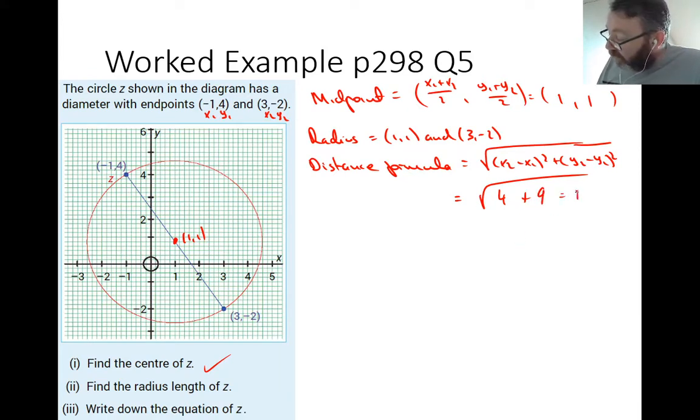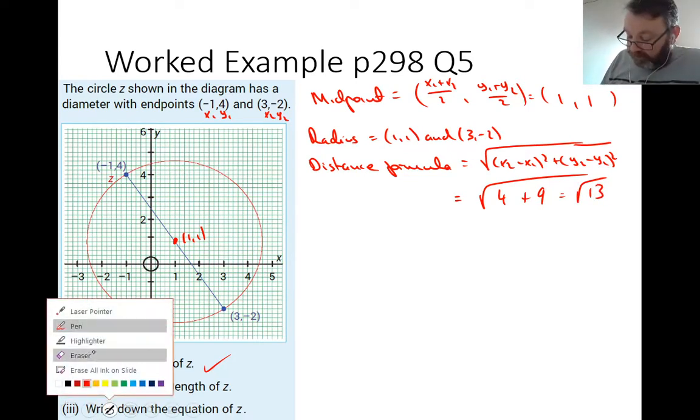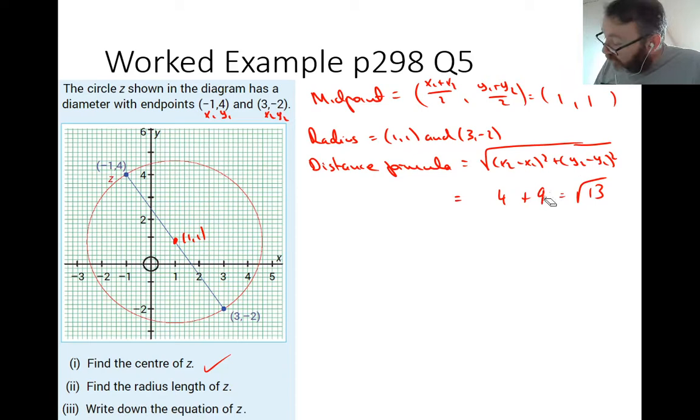And that gives me root 13. Let me just check that again. So x2, that's 3, minus 1 is 2 squared is 4, and then minus 2 minus 1 is minus 3 squared is 9. So you get root 13.